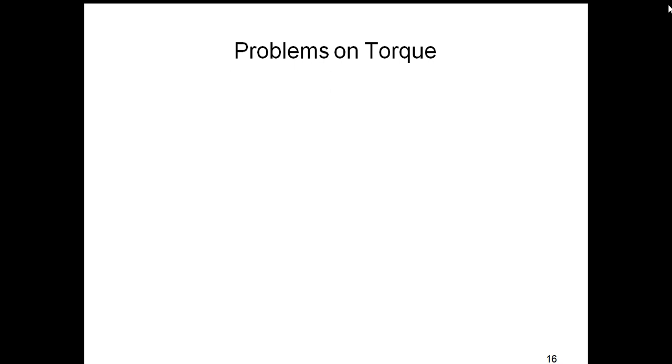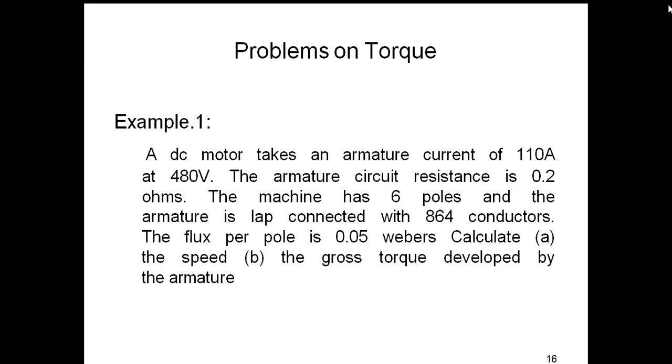Now let us solve some problems on torque equations which we have learned in the previous slides. Now let us see the first question. A DC motor takes an armature current of 110 amps at 480 volt.